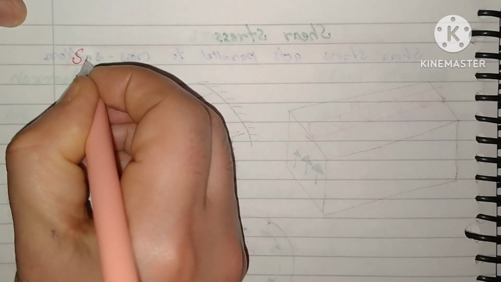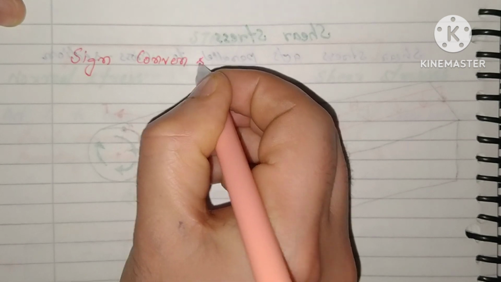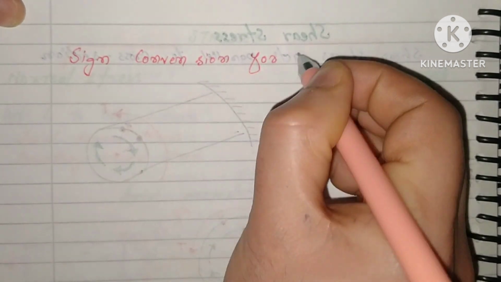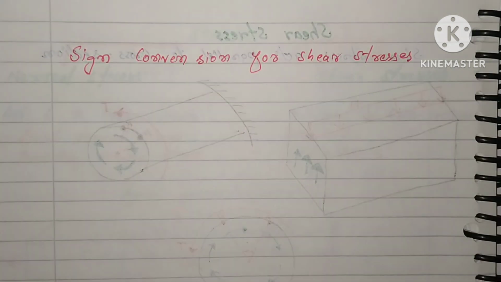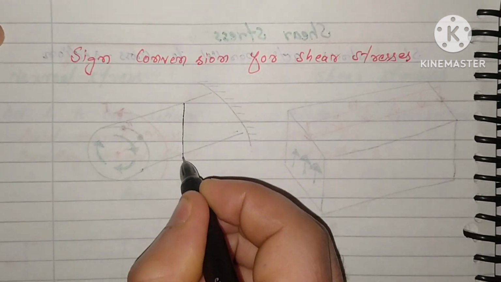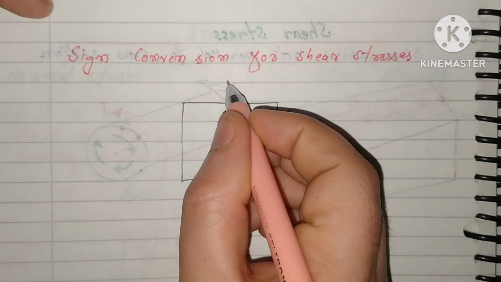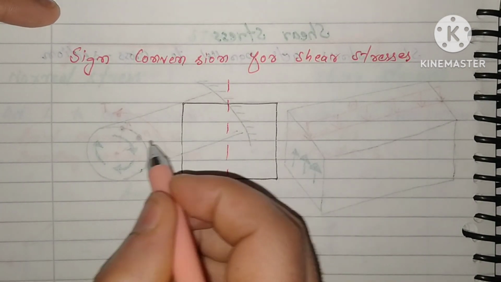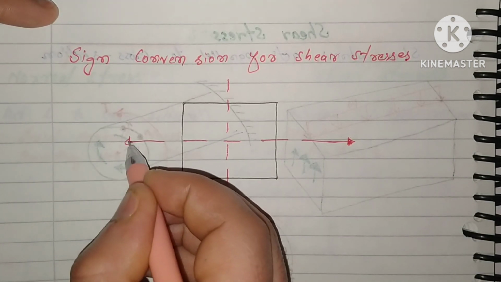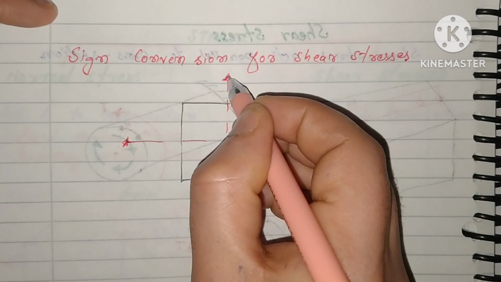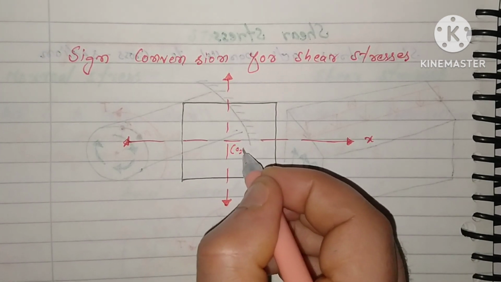Now, the sign convention for shear stresses. If this is the planar body like this, I will mark the two axes: this will be the x-axis and this will be the y-axis. This is the origin, 0, 0.